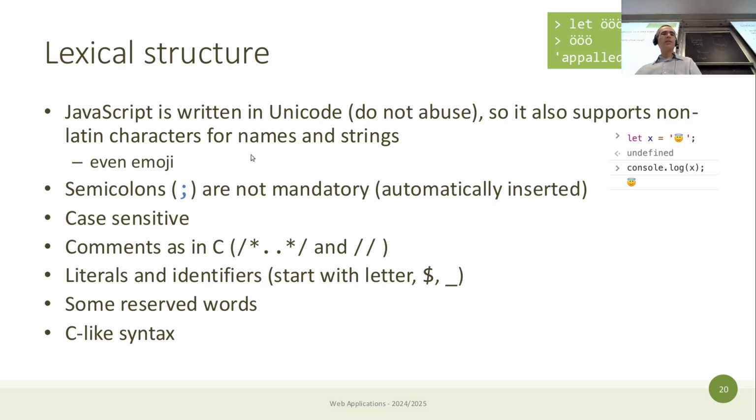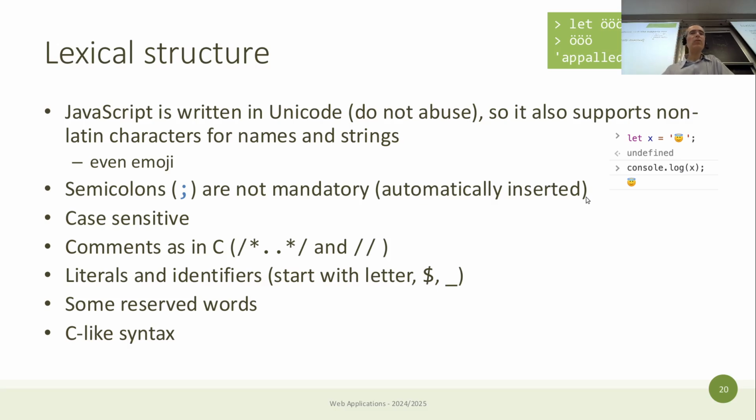The language is very similar to C. C-like syntax. So you probably, hopefully, know C. The difference is semicolons are useful but not mandatory, because they are automatically inserted by JavaScript, except in a few cases.